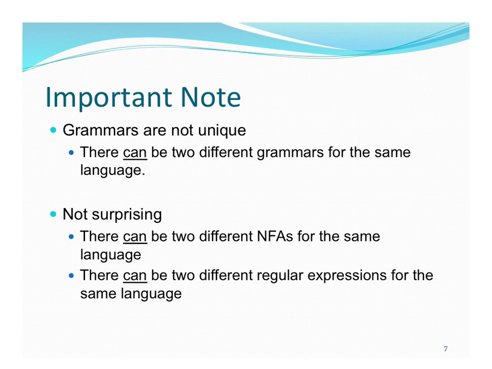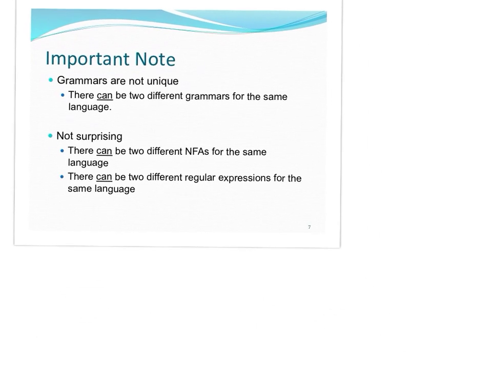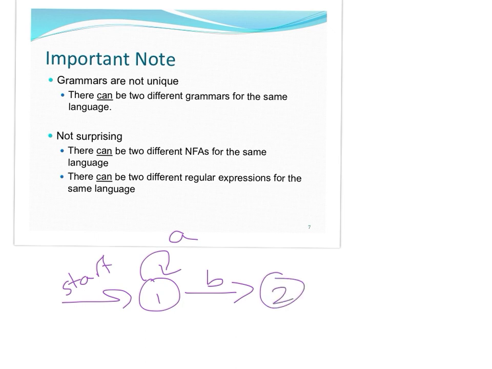For example, if we look again at that DFA that we had before for A star B, we had our start, and we had A looping, and B going to state 2, and then we had our garbage state over here, which had an A, B loop.